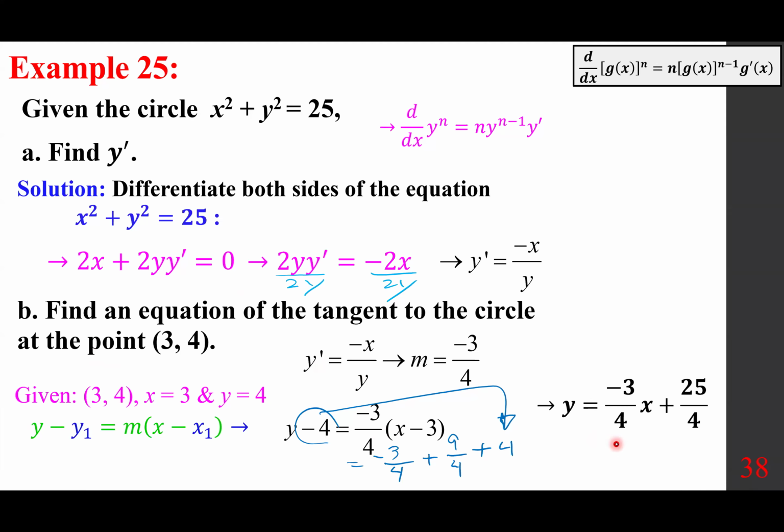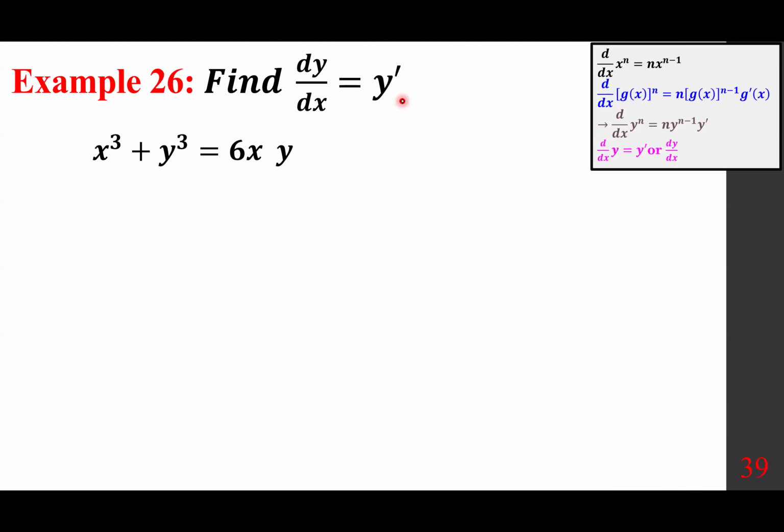So implicit differentiation. Find dy dx equals y prime. So sometimes we use dy dx, sometimes we use y prime in the case where x is the independent variable. One may be easier to write. So we are going to differentiate this with respect to x.